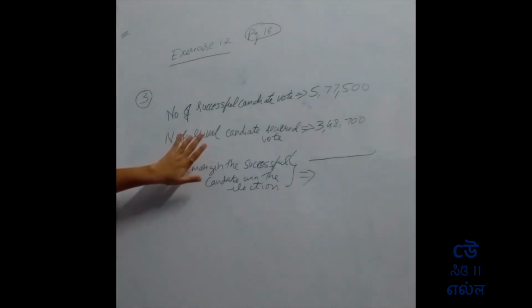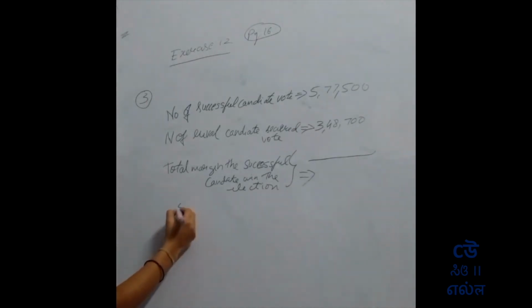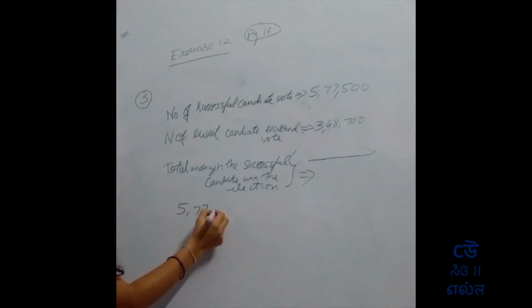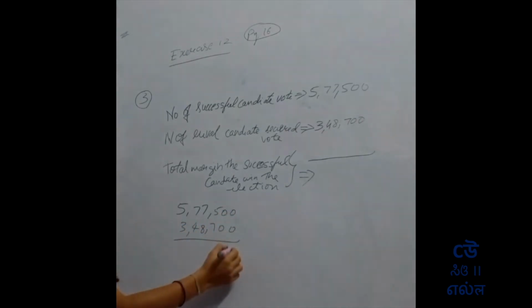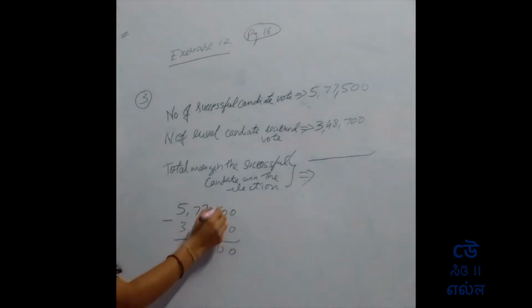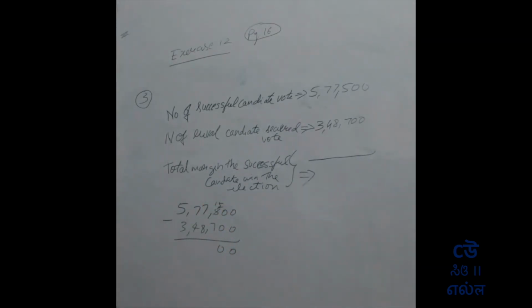By how many different votes did the second candidate lose to the successful candidate? Okay, so 5,77,500 minus 3,48,700. So 0 minus 0, 0, 0, 0, 0. Then 15 minus 7 is how much? 15 minus 7 is 8.